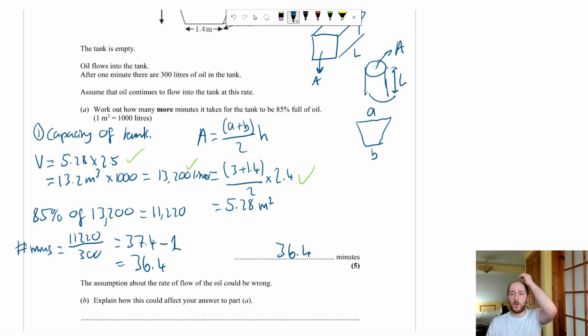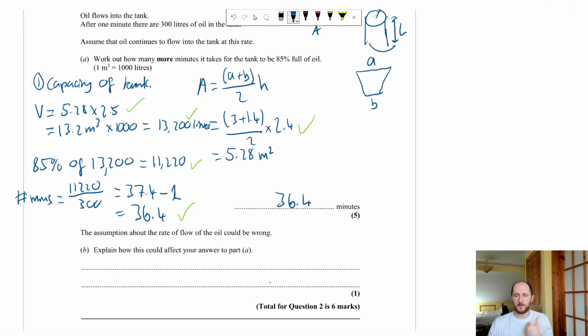And again, we took away 1 because it's asking how many more minutes. We've already had 1 minute where there's 300 litres now in the tank. That right there gives me the 4th mark and the 5th mark for actually knowing that you're supposed to subtract 1. Very harsh.